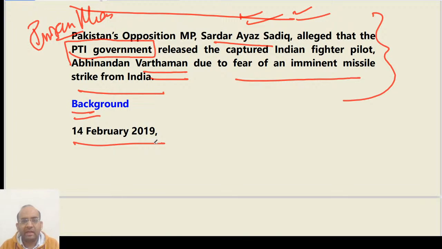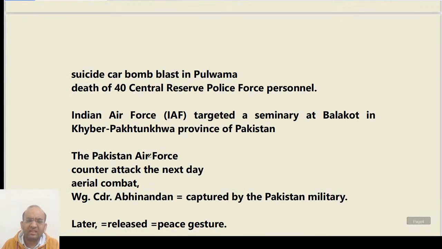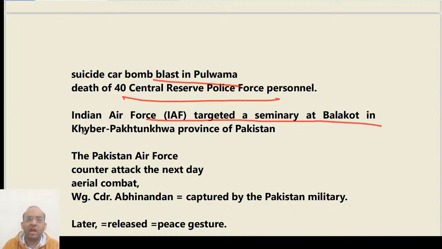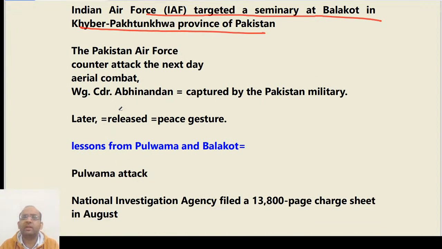14 February 2019, the day of Valentine, a suicide car bomb blast in Pulwama. 40 Central Reserve Police personnel were killed. The Indian Air Force took a revenge strike in Balakot in Khyber Pakhtunkhwa province of Pakistan, where it claimed that more than 200 terrorists were killed in one strike.